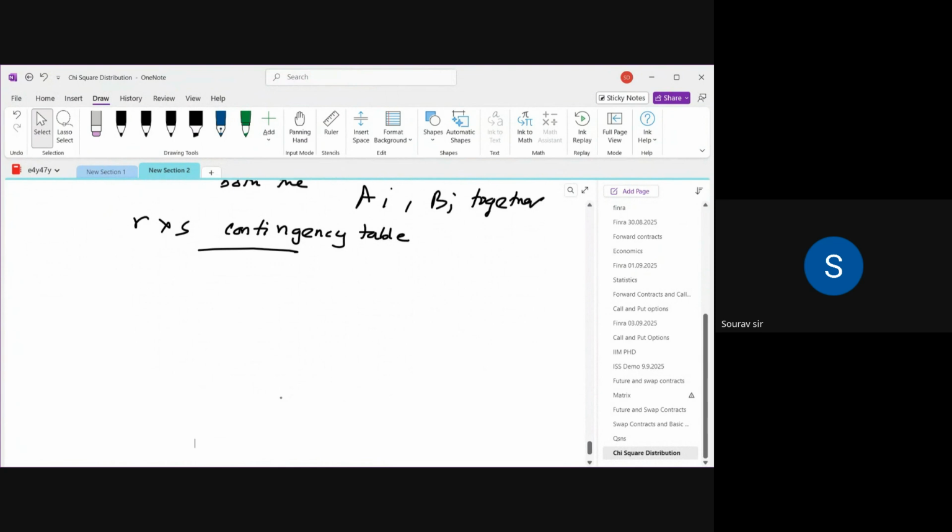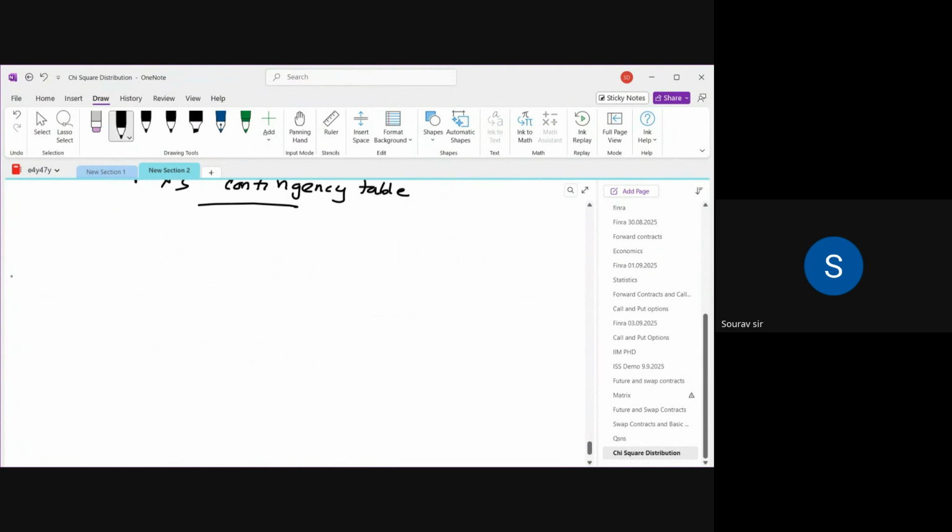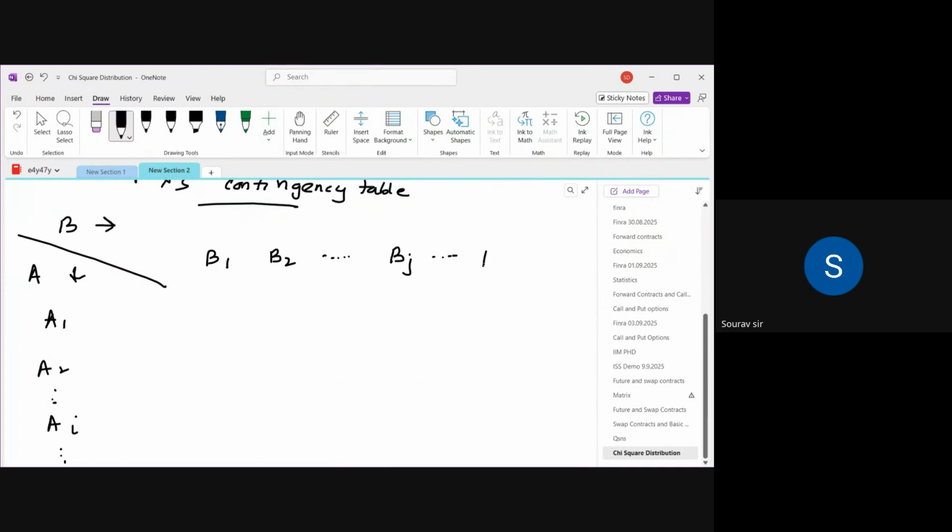Let's draw it. In the big table, A will be horizontal and B will be the rows. It looks like this: A1, A2, dot, dot, dot, Ai. And here it will be B1, B2, again Bj, Bs, and finally you have the total.